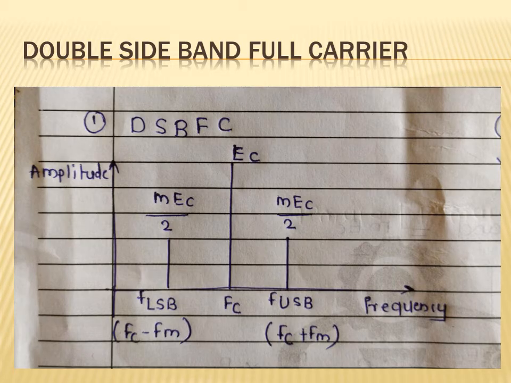First one, double sideband full carrier. In double sideband full carrier, the two sidebands are present and the full carrier is also present. Again, the carrier does not carry any information. The information is carried by the two sidebands.